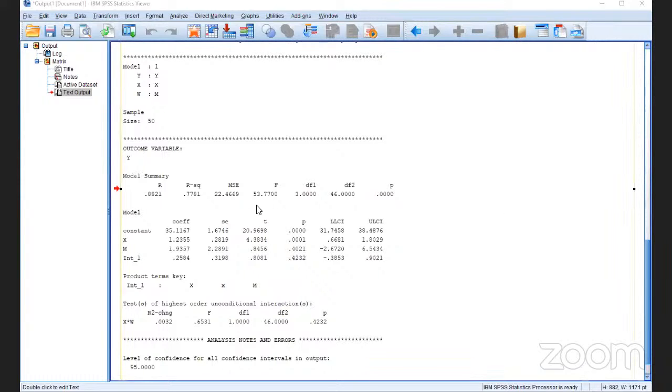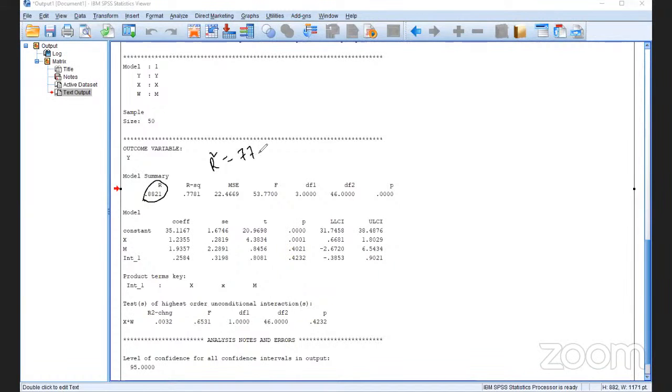So I am interpreting the output. Here the multiple R value is 0.88. It is good. When we square this, we obtain the R square. R square is basically the coefficient of determination.